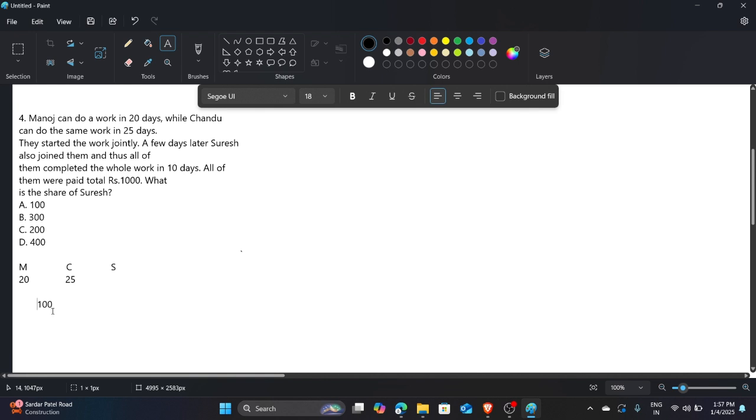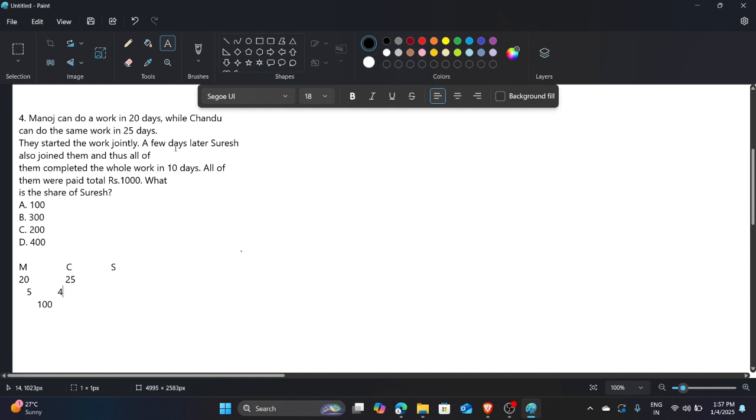The efficiency of Manoj is 5, and the efficiency of Chandu is 4. In a single day Manoj can do 5 units of work, and in a single day Chandu can do 4 units of work. Then they can do the 100 units of work in 5 days, Manoj, and 100 units in 4 days, Chandu.